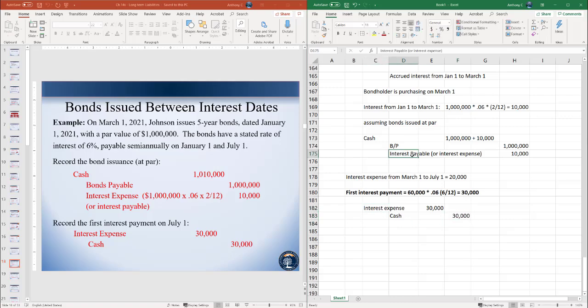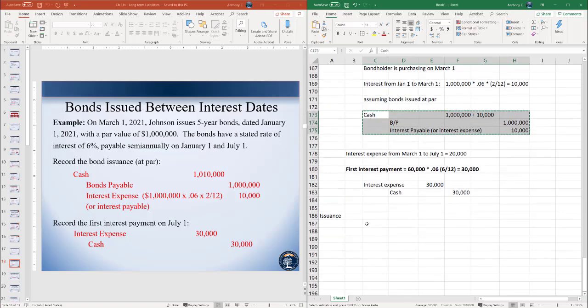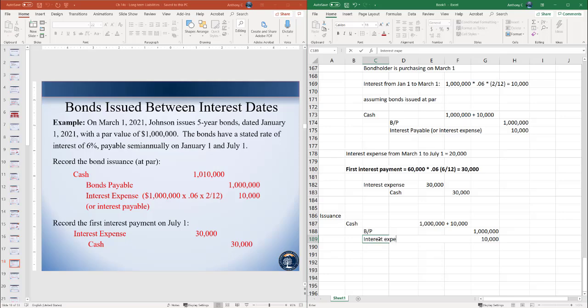Now, if in this journal entry here we made a credit for interest expense, this would be your journal entry when you make your first interest payment. So if your issuance is as so, with this interest expense, then on the first interest payment date, you would be making this journal entry here.